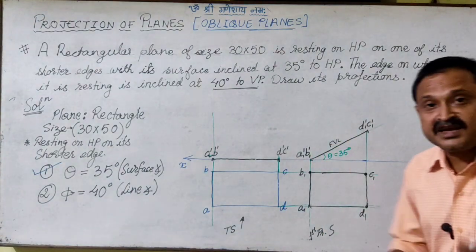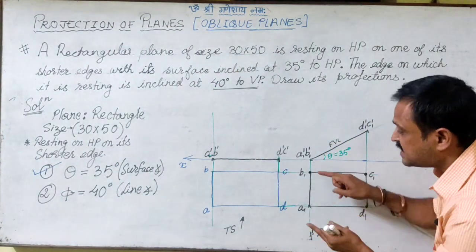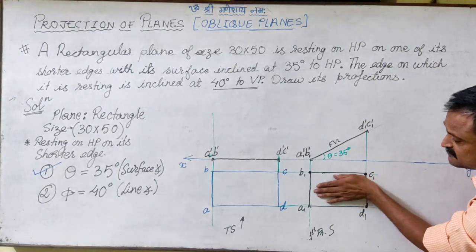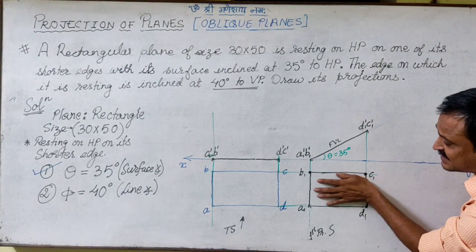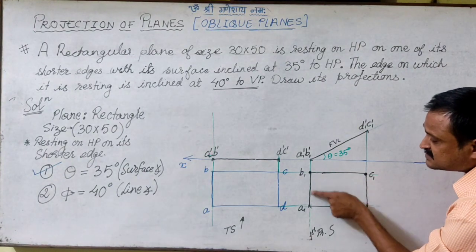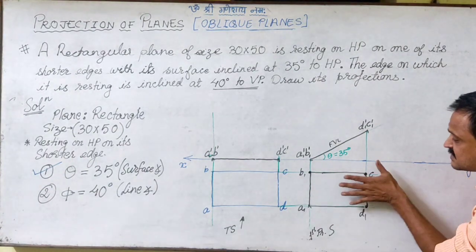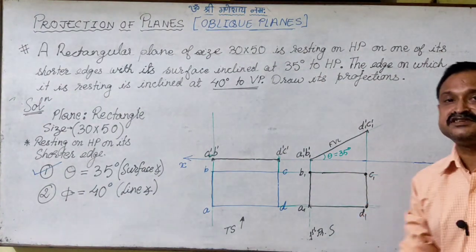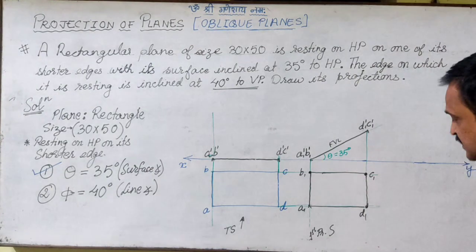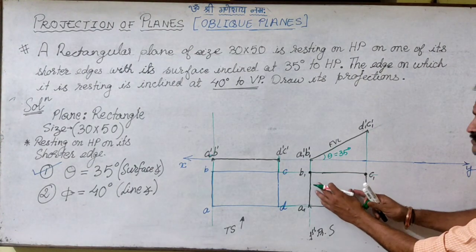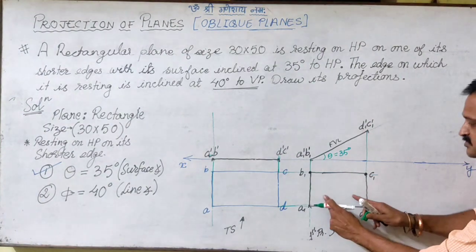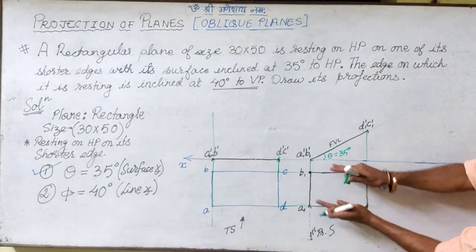Have a look at it, as if I am turning this rectangle A1, B1, C1, D1 such that this A1 B1 gets inclined at 40 degrees to the XY line, right? So for that, first we have to just redraw this same latest projected shape with its orientation.